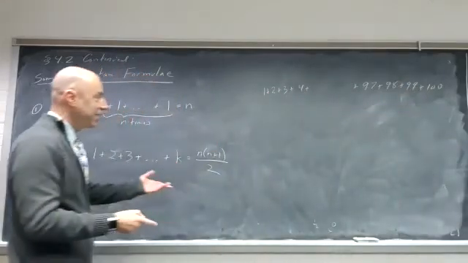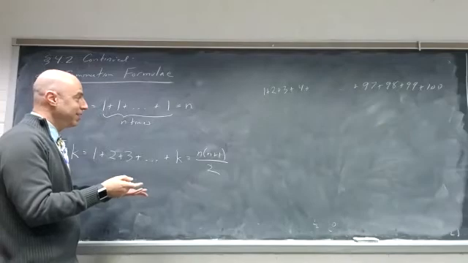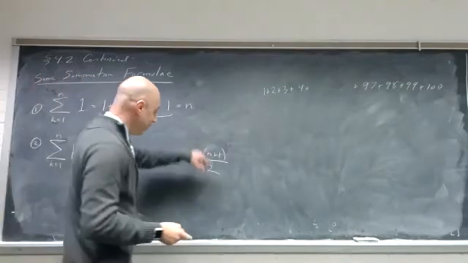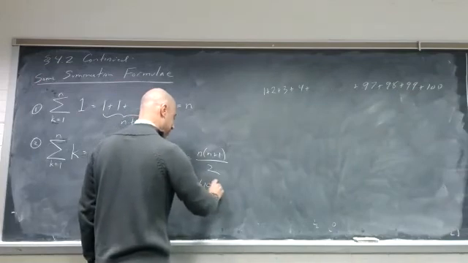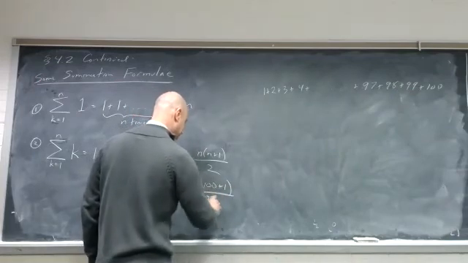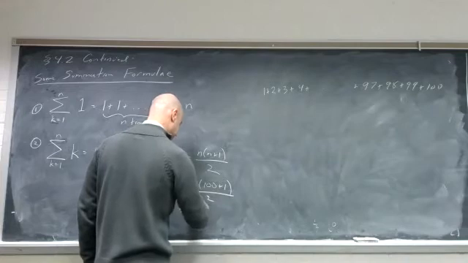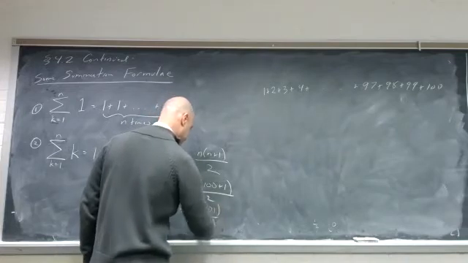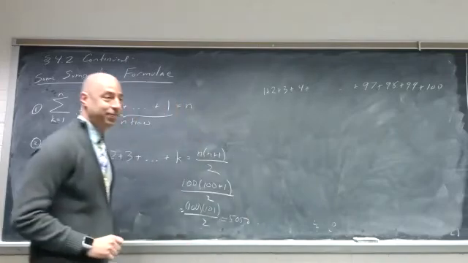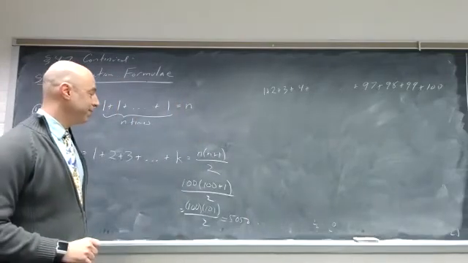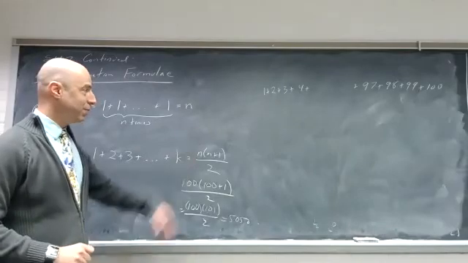So in this case, n is 100. So according to this formula, the sum of that should be 100 times 100 plus 1 all over 2. So that's 100 times 101 over 2. And it works out to 5,050 for that example over there.